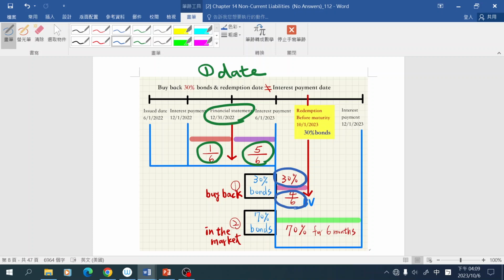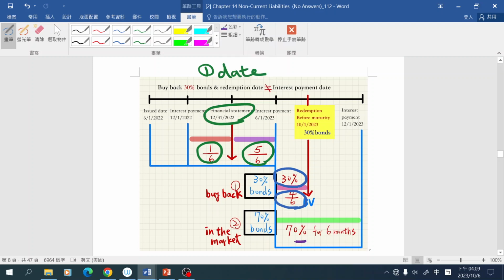So that's for 30%. How about the other 70%? Have you done anything? For the other 70%, do the same thing as before. But you only need to be careful that we have only 70% left.